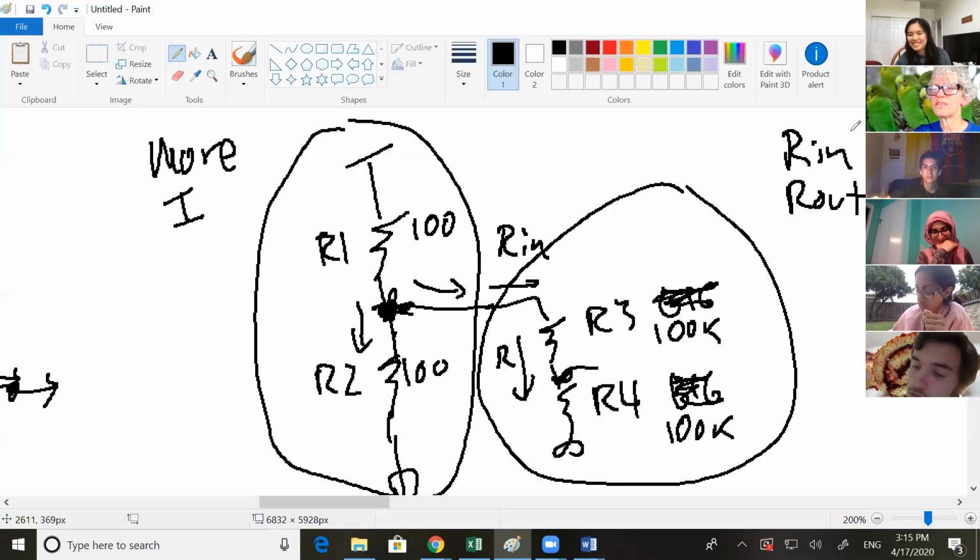So a big R in just means it doesn't take much current. That's all a big R in means. And it means that if you tested your circuit without connecting it to another circuit and it worked, it will still work. And a low R out means that you can provide a lot of current and it doesn't mess up your circuit's V out.